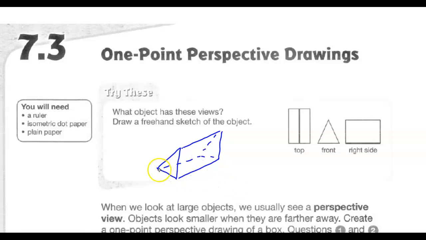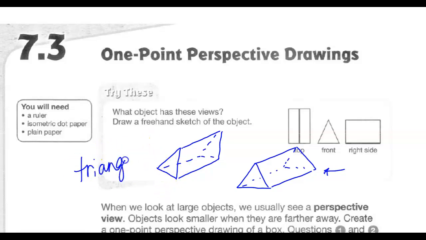Okay, now if we drew it not on isometric paper, if we drew it from the front, then we'd have a triangle like this, and then the side would be a rectangle, and then obviously underneath there. So it's a triangular prism. This way is how I often draw it. This would be if you had isometric paper. So it's a triangular prism.